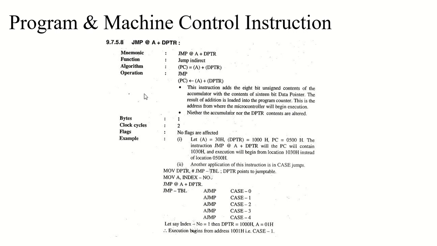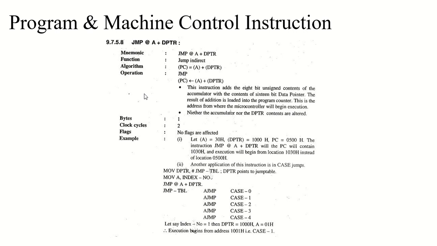Are you understanding? Because remember, what is the function of the program counter? It points to the memory address and executes from there. Previously the program counter was indicating 0500H, so the execution of the instruction was about to start from 0500H. But now that we have used the instruction JMP @A+DPTR, A had 30H, DPTR has 1000H, and when you take the sum, you get 1030H.